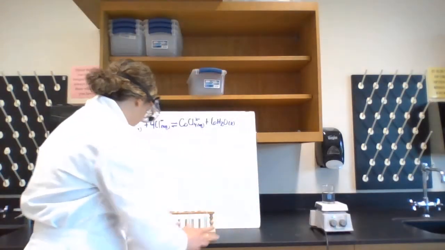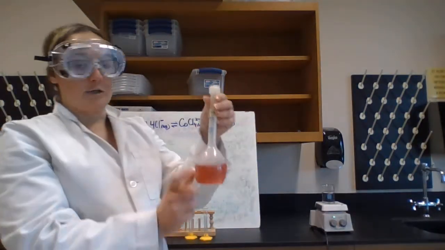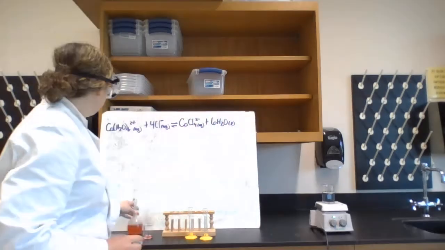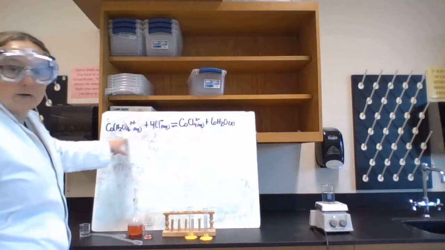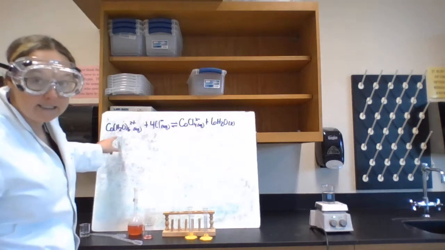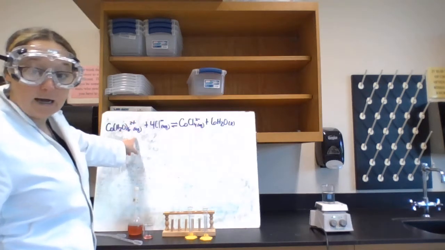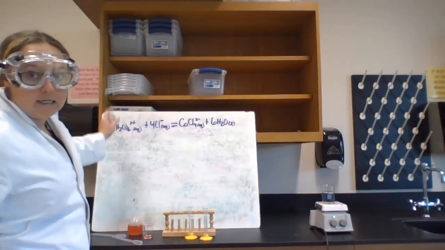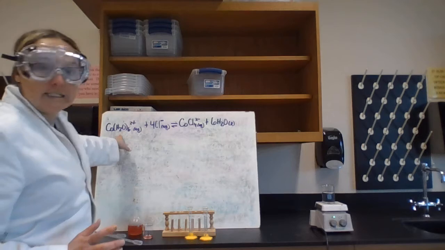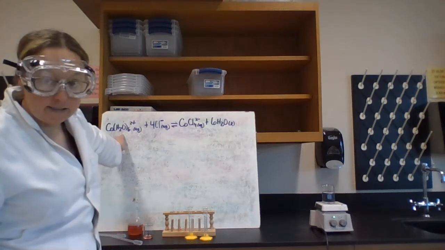Now, when we add this water to our cobalt 2 chloride, we are going to form this complex ion right here. And a complex ion basically is a polyatomic ion. It has a metal in the center, and then surrounding it is something else. In this case, it would be 6 waters, okay?